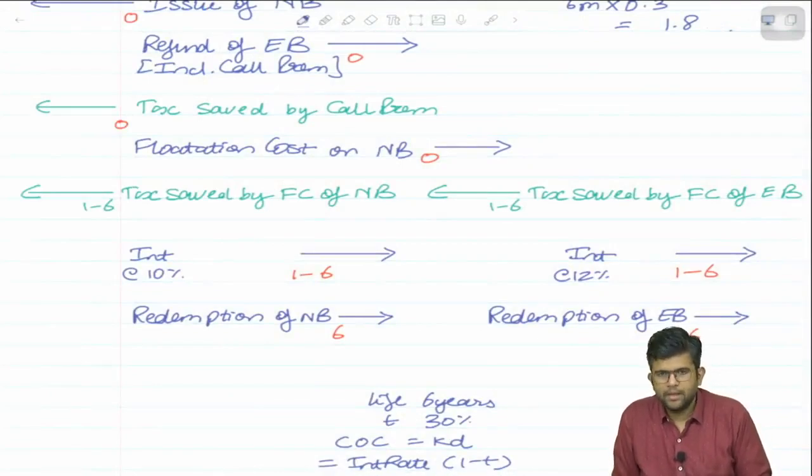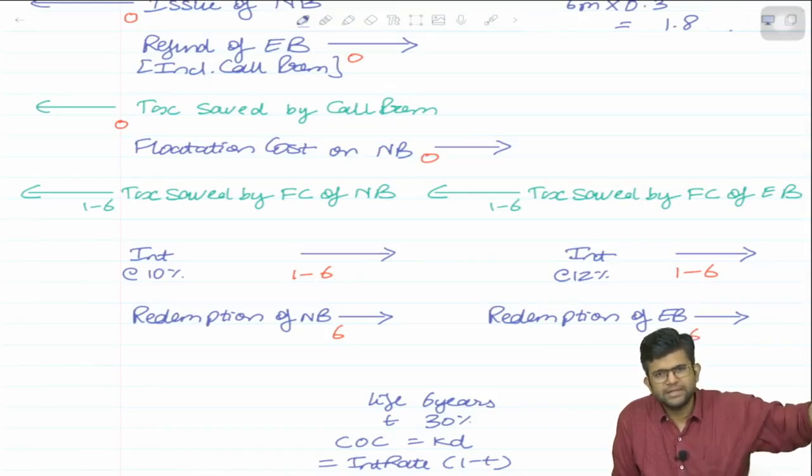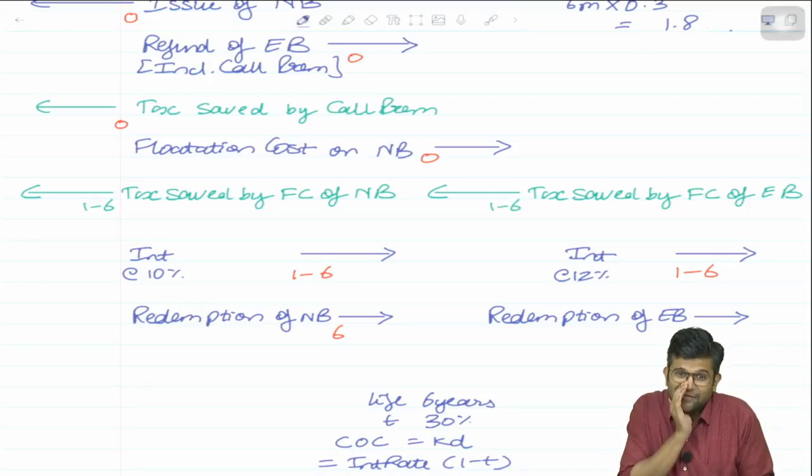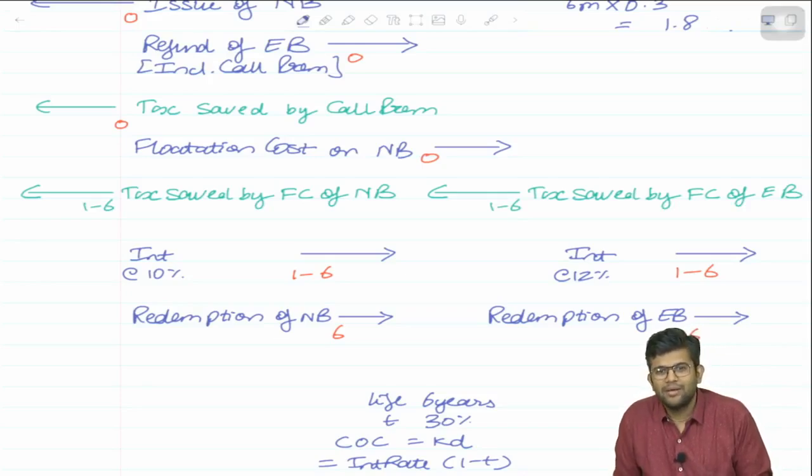If I continue the Bhavani bond, can I say that 9 million will spread over 6 years and I will get my tax savings? If I go for the Mahalakshmi bond, do you realize that the unamortized flotation cost of Bhavani bond of 9 million, the entire tax saving I will recognize today only.